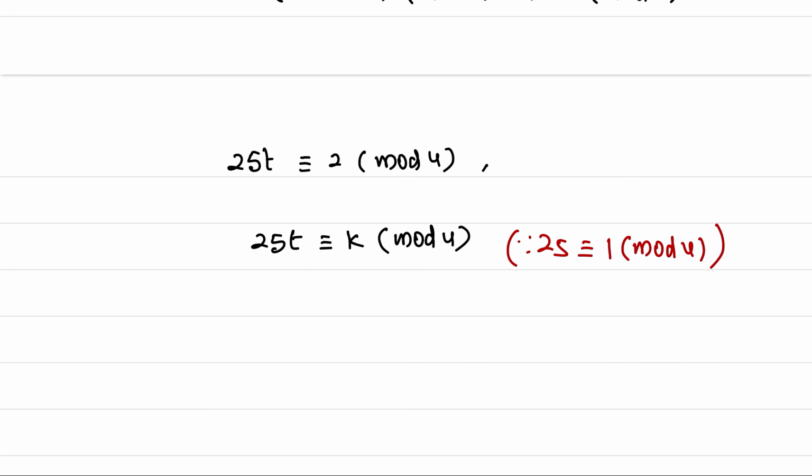Please try to follow this. It is not k, it is t. We are only multiplying with t. 25 is equivalent to 1 mod 4. Multiply both sides with t. 25t is equivalent to t mod 4.